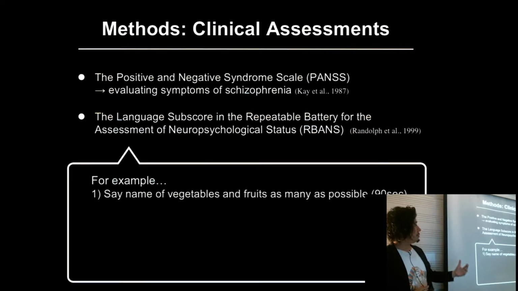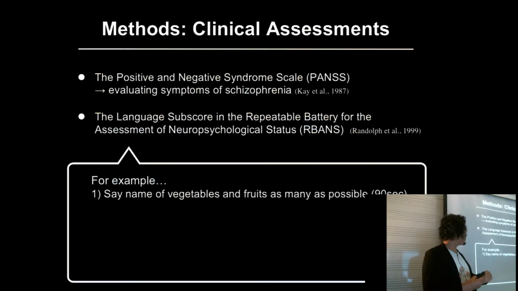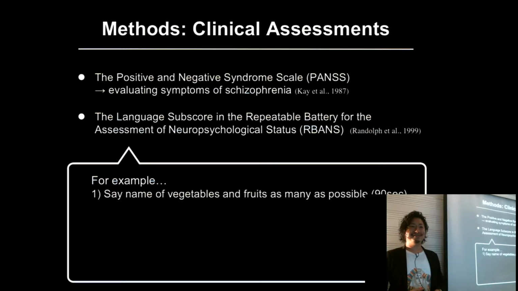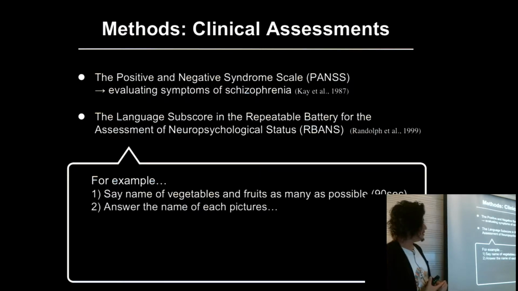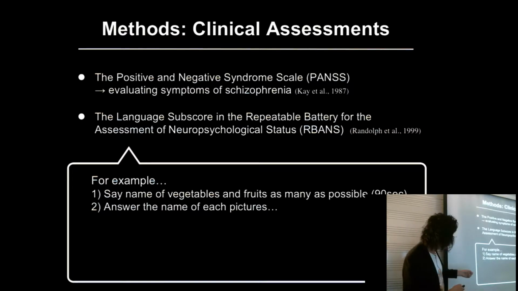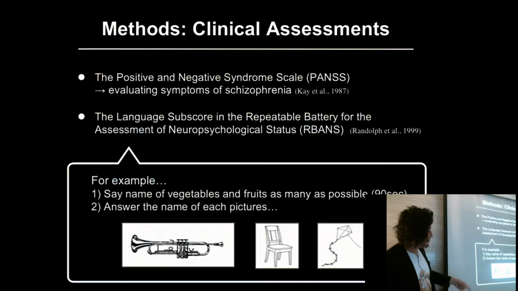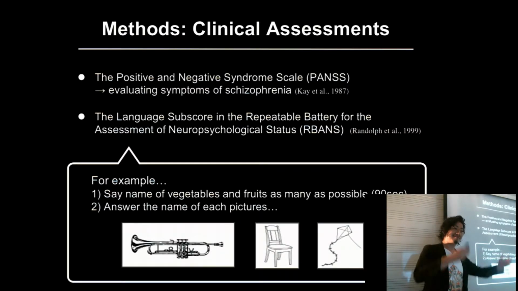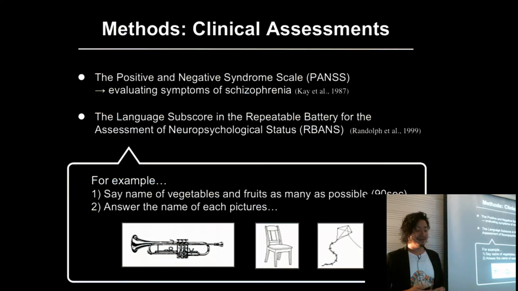This includes, for example, saying the names of vegetables and fruits as many as possible in 90 seconds, like orange, banana, etc. Another one is to answer the name of each picture. What is this? Trumpet. What is this? Chair. What is this? It's an easy task, right? So we have used this.